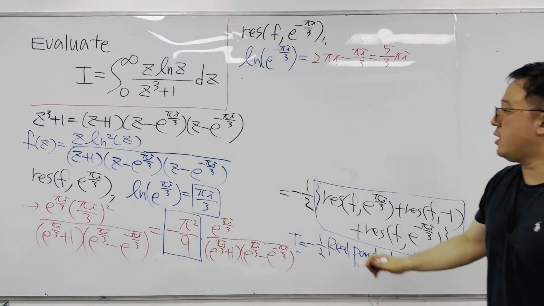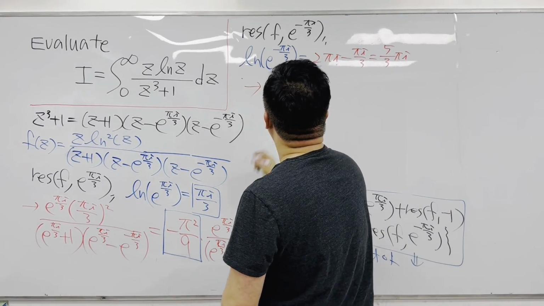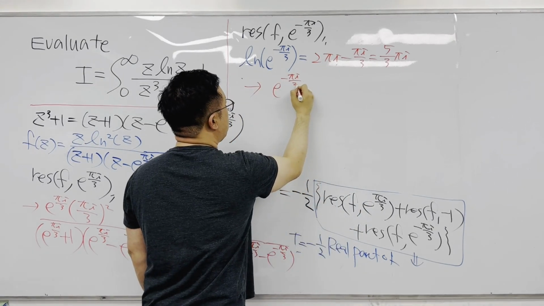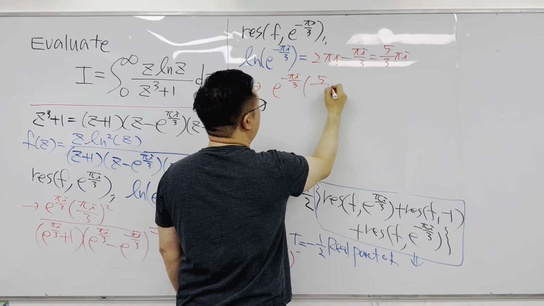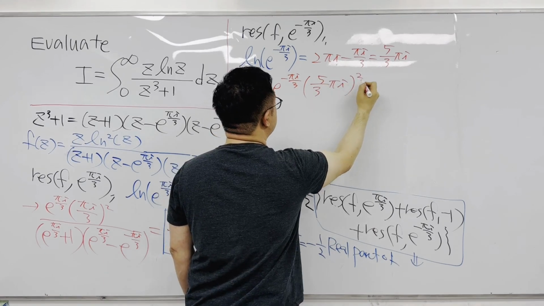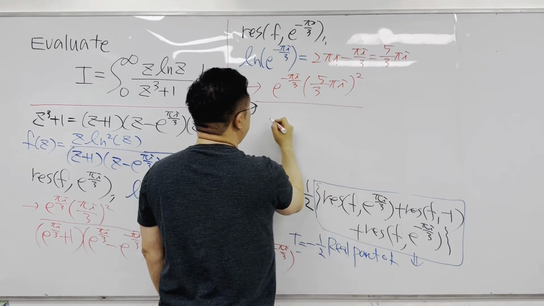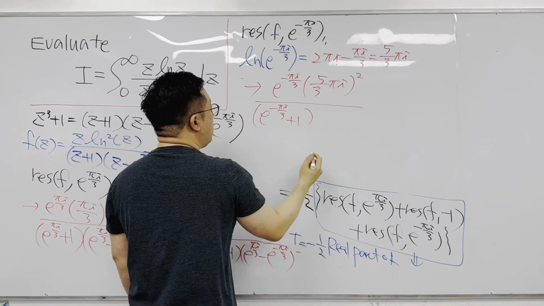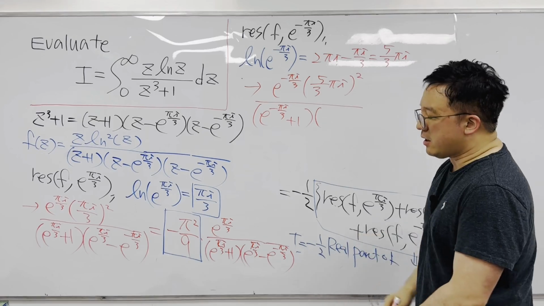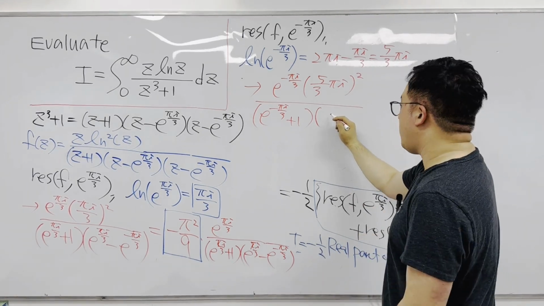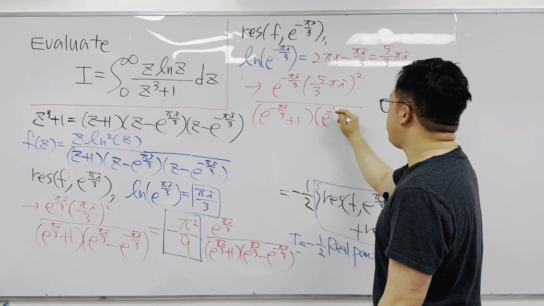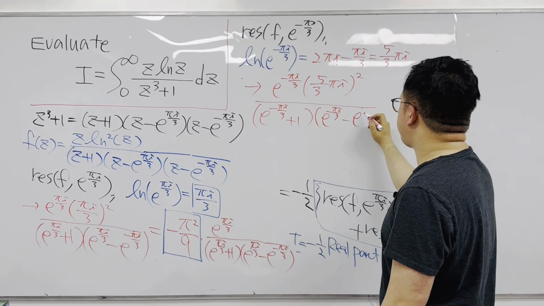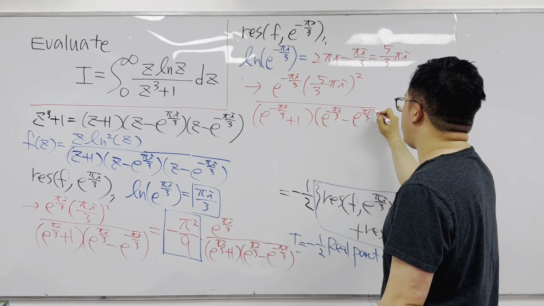So if you work on the expression, it has to be e to the power of negative pi i over 3 times 5 over 3 pi i squared, divided by e to the power of negative pi i over 3 plus 1, then multiplied by e to the power of negative pi i over 3 minus e to the power of positive pi i over 3.